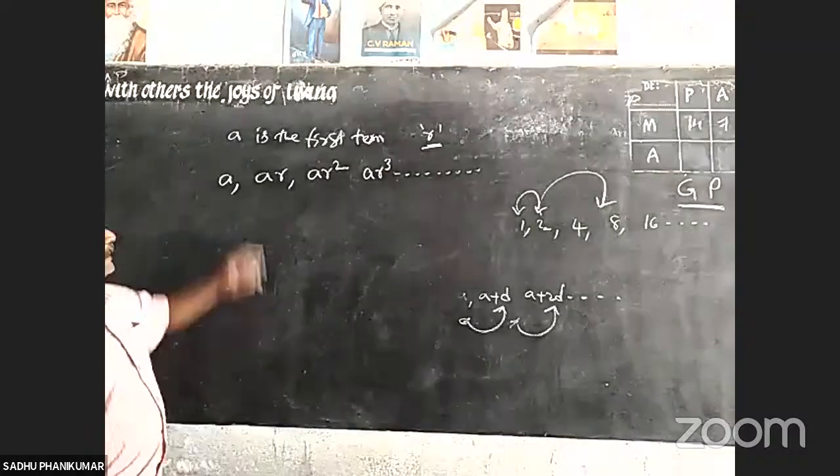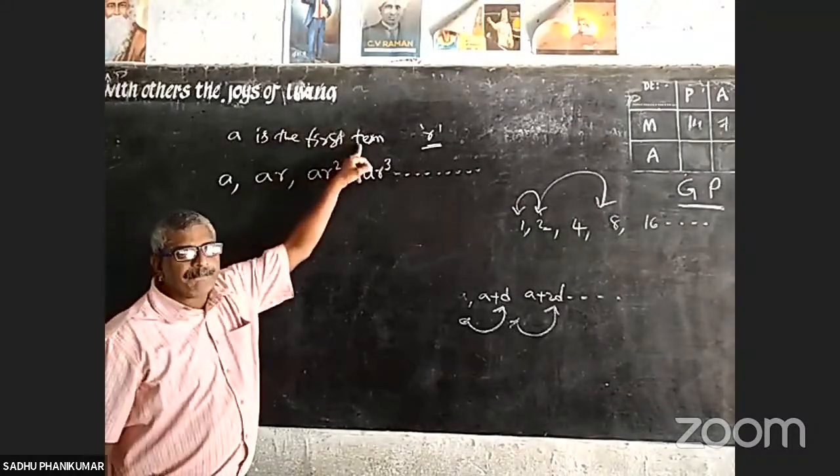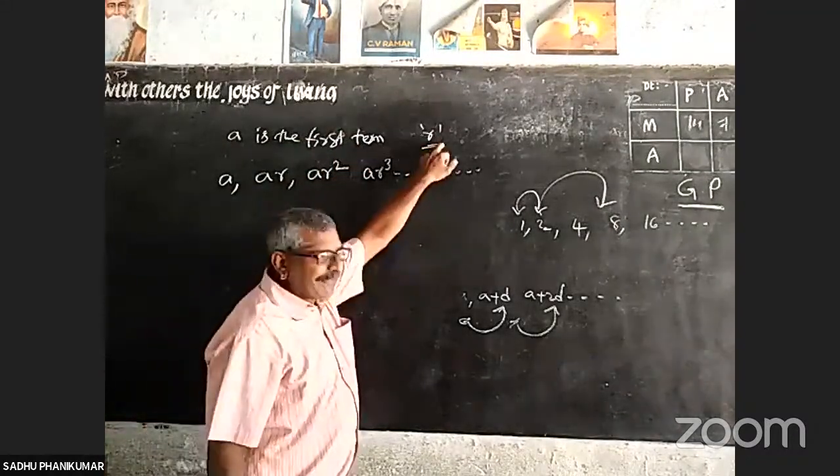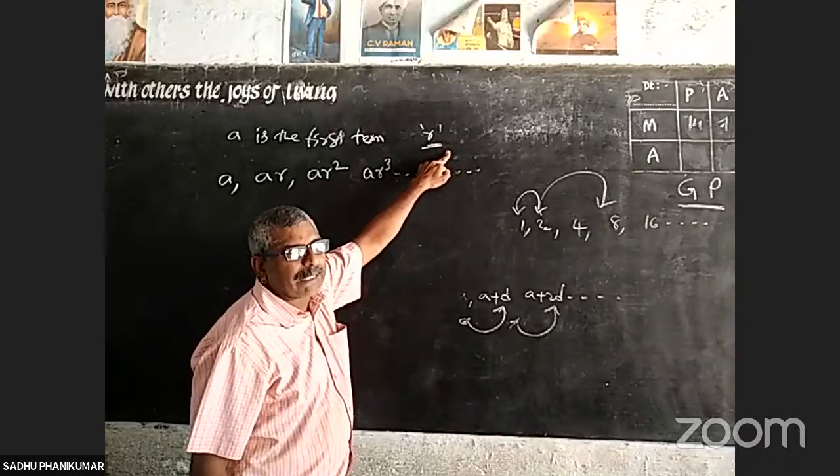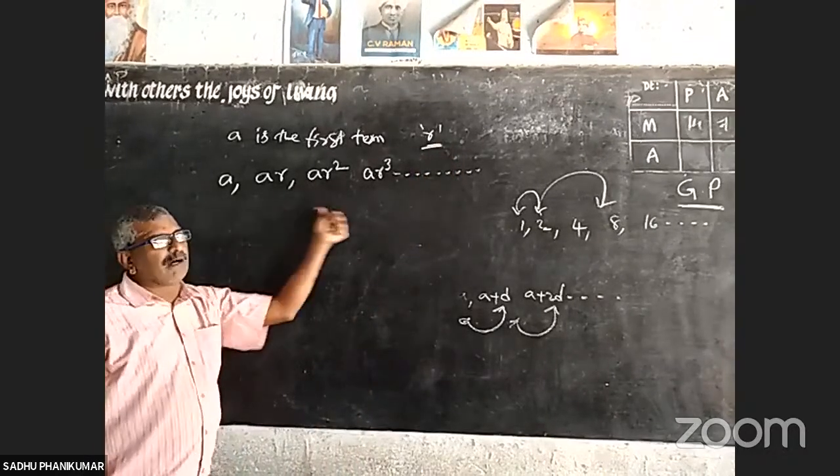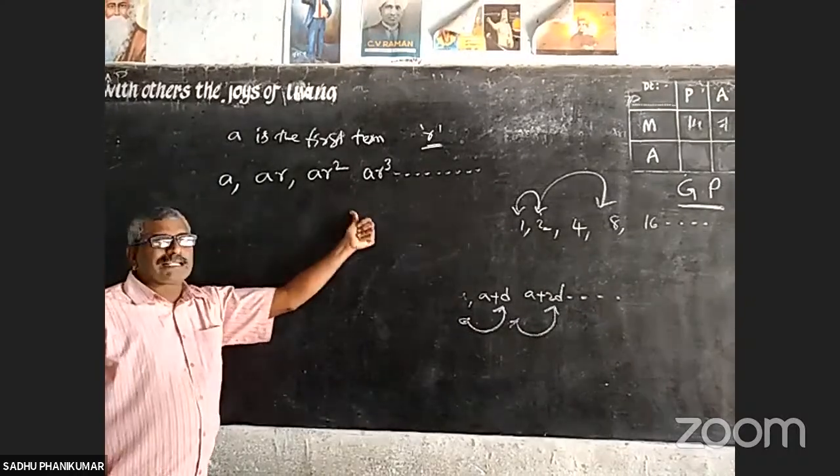Where A is the first term and R is a fixed number, I am multiplying every term with R.